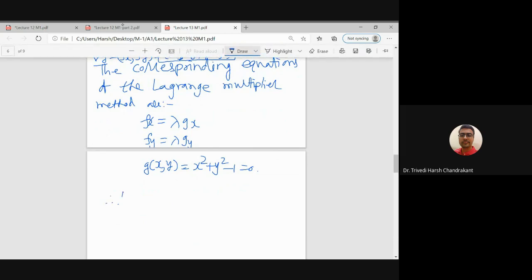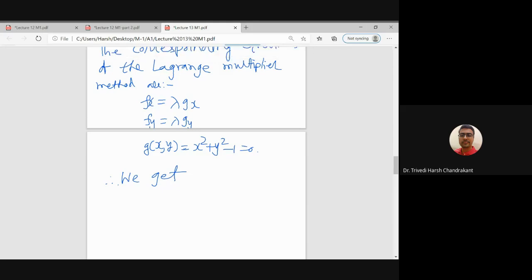So now we can apply the method. Therefore we get all the equations. The first equation is fx equals lambda gx. That gives us 2x equals lambda times 2x. The second equation is minus 2y, because f is x squared minus y squared, so fy is minus 2y, equals lambda times 2y.